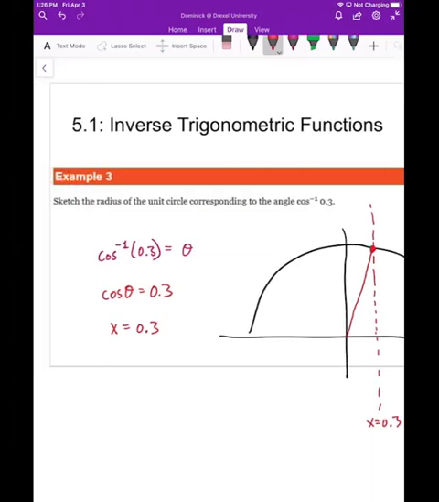Now if you enter this in the calculator, if you do the inverse cosine of 0.3, you get that the angle is roughly 72.54. So that tells you that this angle here is 72.54 degrees. And that's sort of the idea.